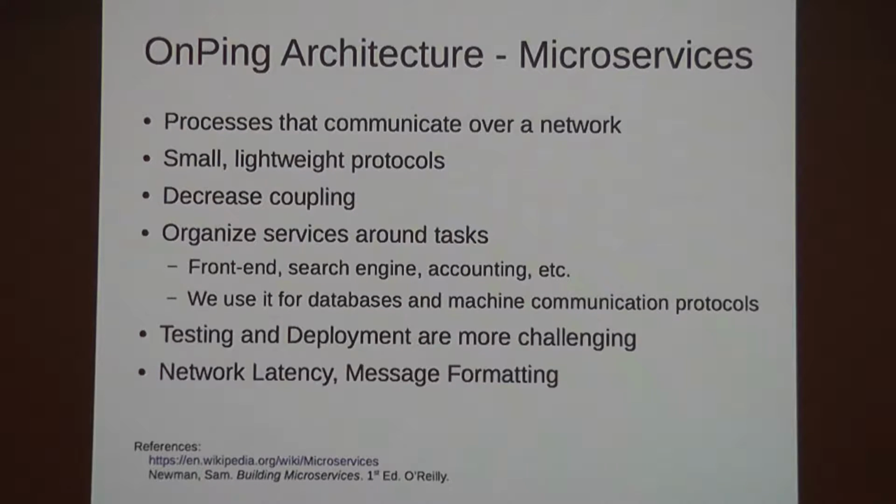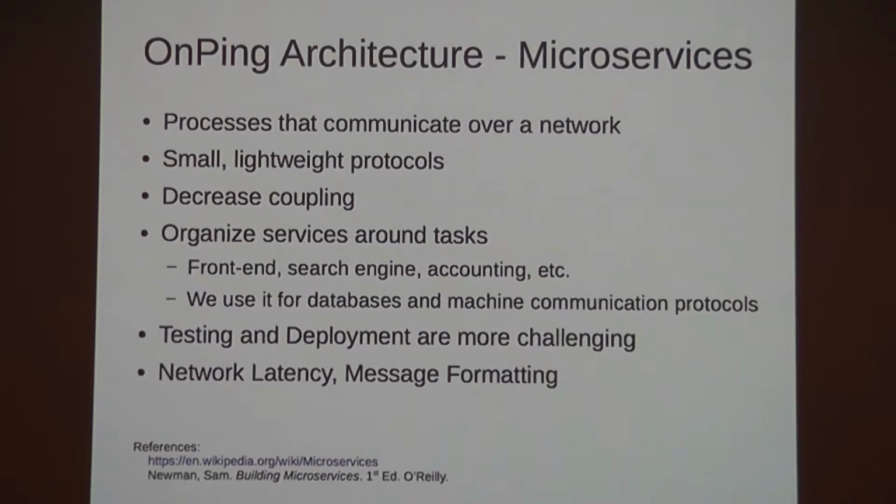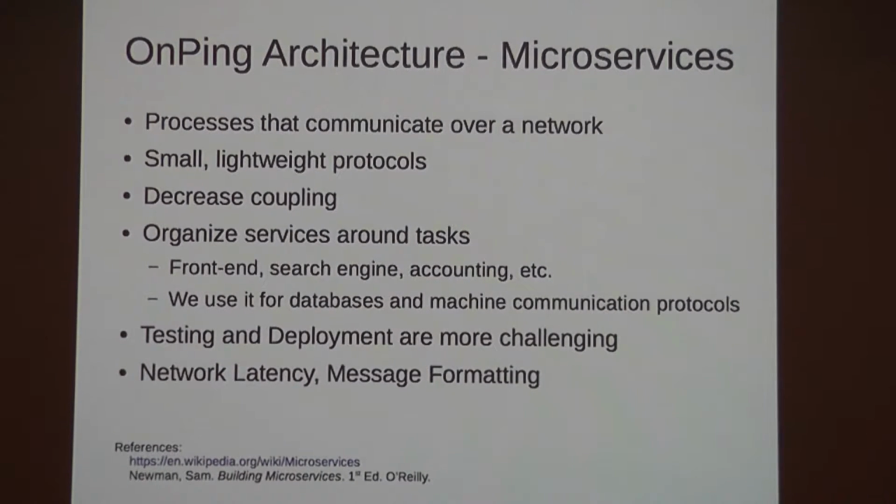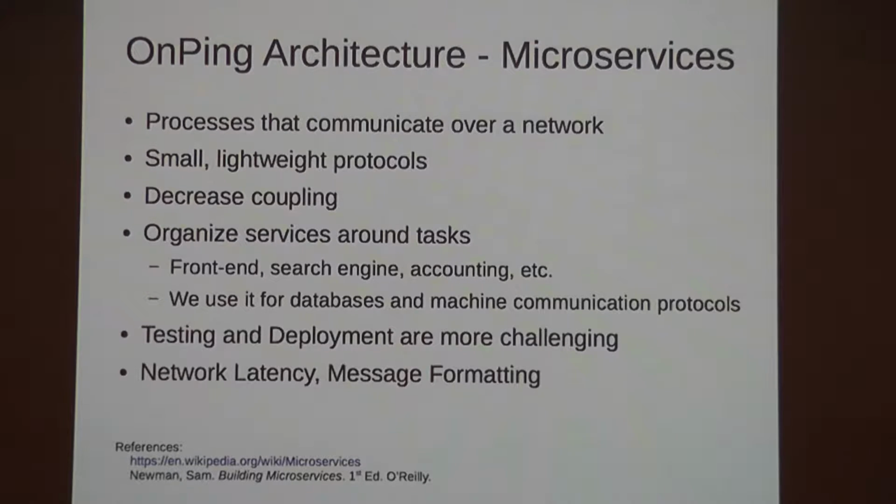So like we have a lot of microservices, so we have many YAML files which have information of where to find those services. And this obviously makes deployment more challenging as well. And then you have some issues with network latency and how you're formatting your messages. But for us, the message formatting is not an issue since we've done that all through Servant.